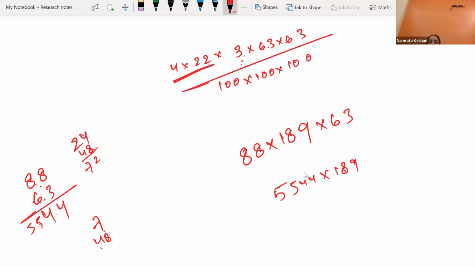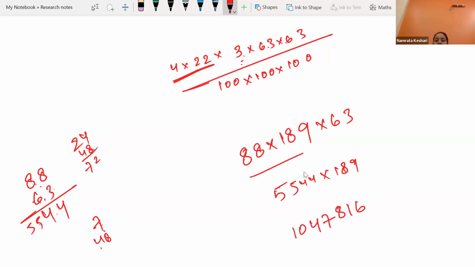Do the multiplication and check it. What are you getting? It will take time, but you must be getting this one.